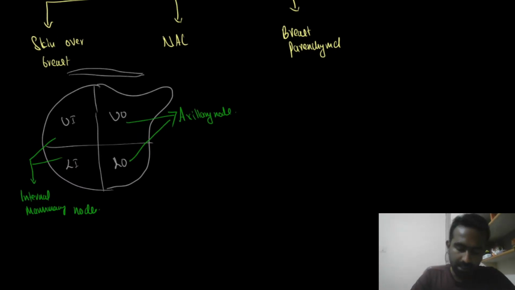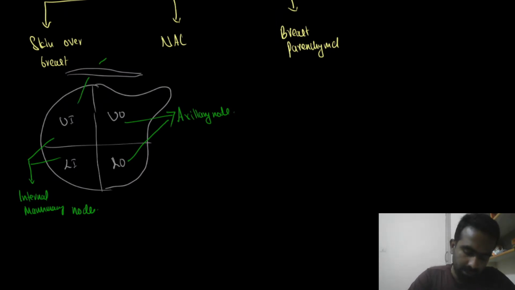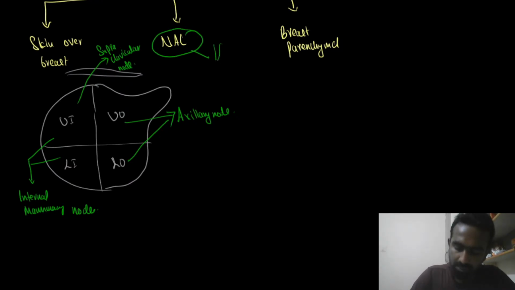The upper inner part, the superior part, drains into supraclavicular nodes. Now the nipple areolar complex forms multiple plexuses around the nipple and areola, called the Sappey plexus, which in turn drains into axillary lymph nodes.